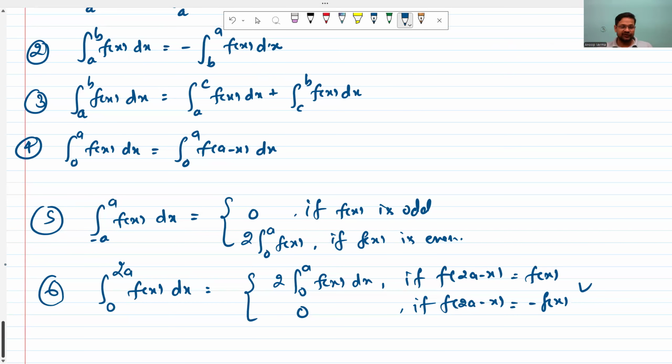Okay, so these formulas we have studied are called properties of definite integral. We remember these properties, and if needed somewhere, we will use them. Okay, so let's do one problem here.